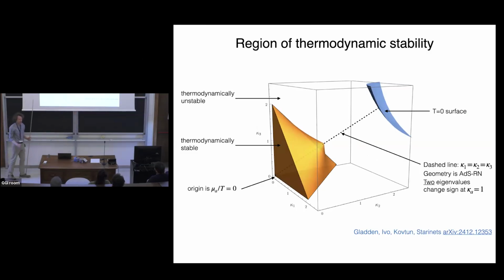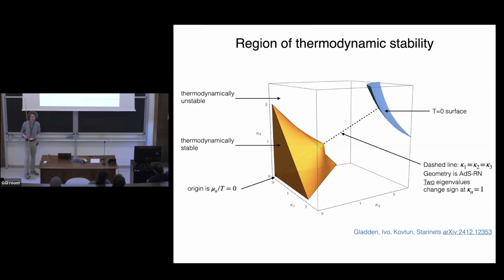So this is the phase diagram, but not shown in the space of chemical potential and temperature, but in the space of those integration constants that are related to mu and T, like I showed. This dashed line here is the line where the three integration constants are equal to each other.